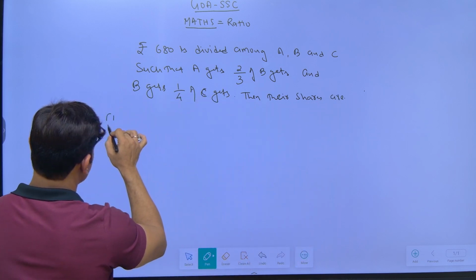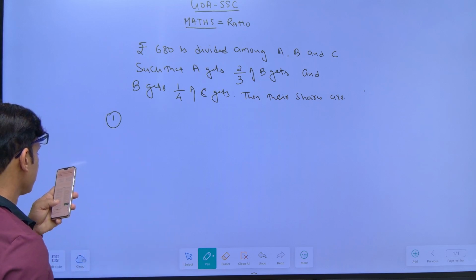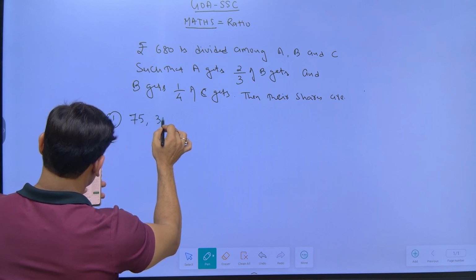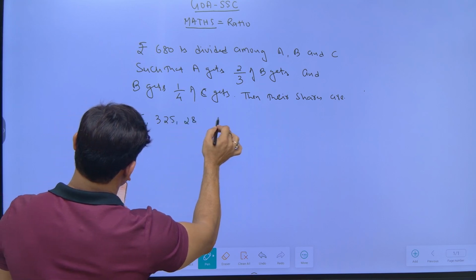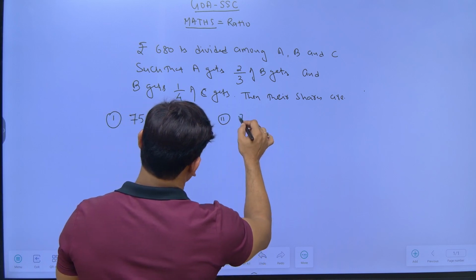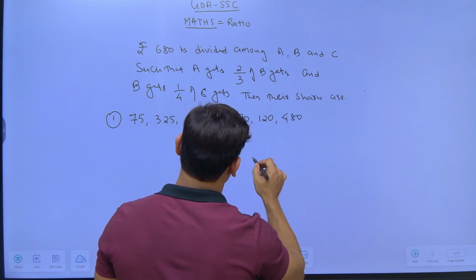And then there are 4 options which are given to you. Understand, in aptitude, you can answer the question by using options also. First option is 75, 325 and 280. Second option has 80, 120 and 480.